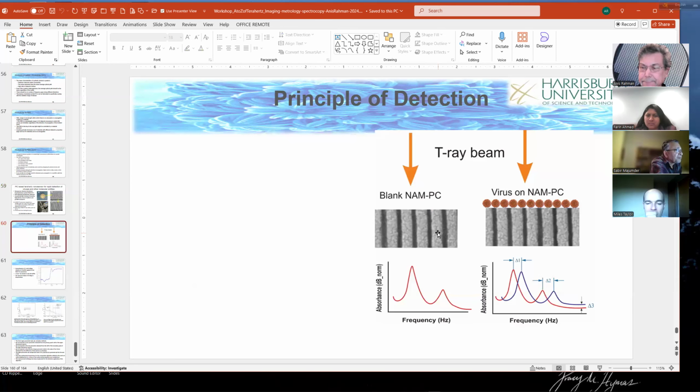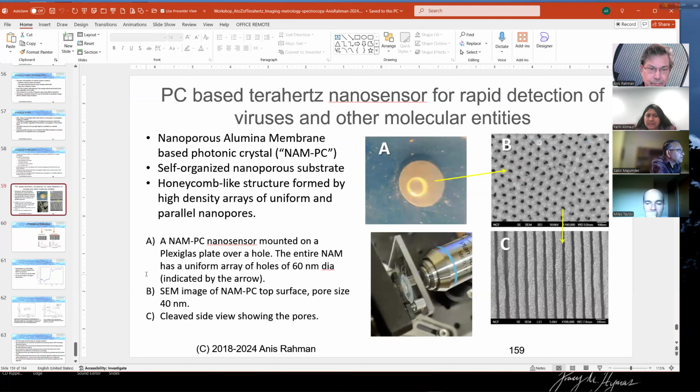But by definition, if you go back to the previous one, the pore size or the diameter is the same thing, right? Or different things? On this one, you mean the aspect ratio of the holes? Yeah, the diameter of the hole and the depth of the hole, the ratio is called aspect ratio.